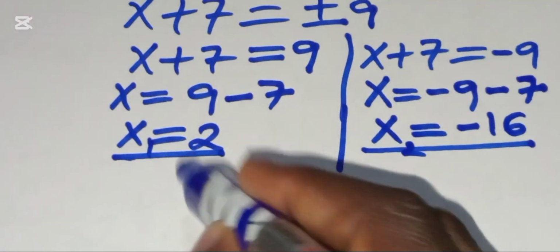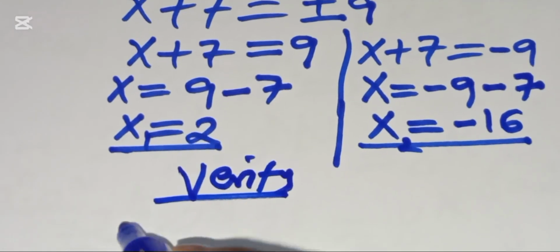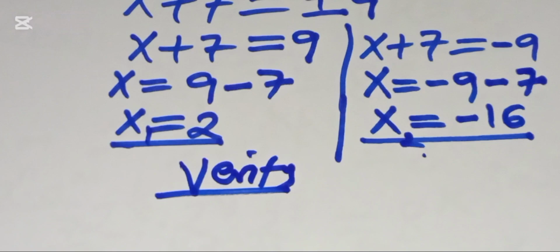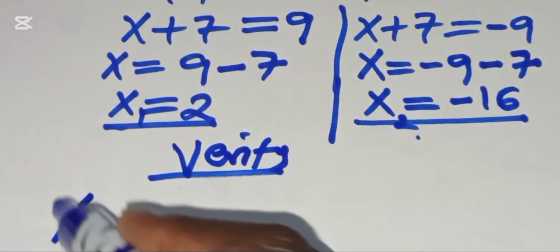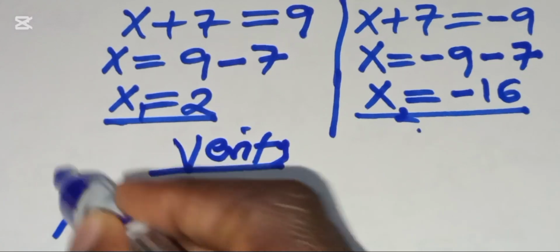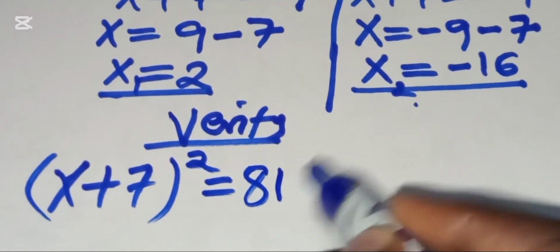So let's verify that these values of x1 and x2 satisfy the equation. As you may recall, we have (x + 7)², which is supposed to give us a value of 81.